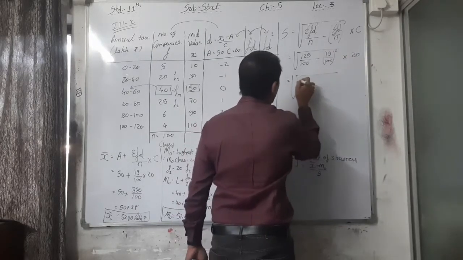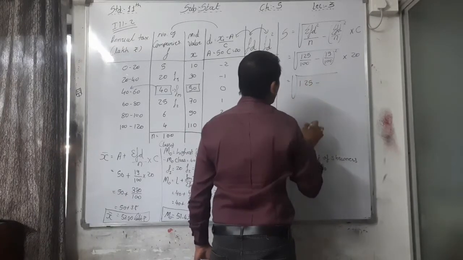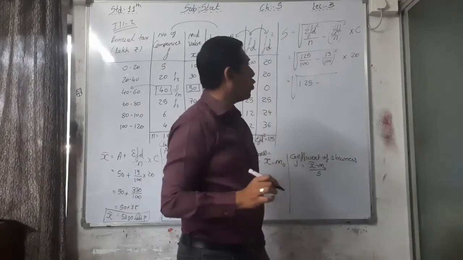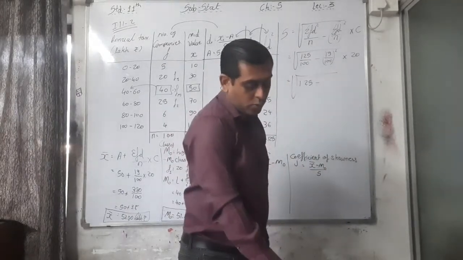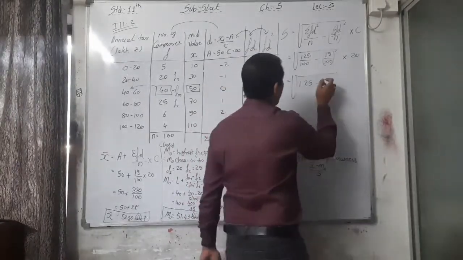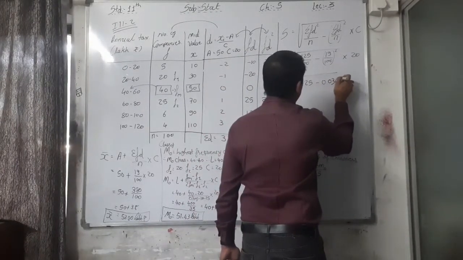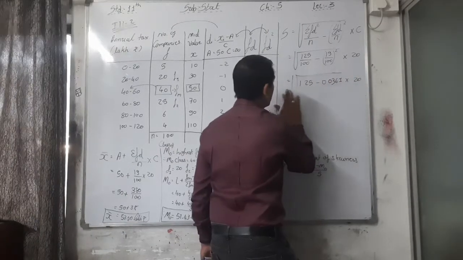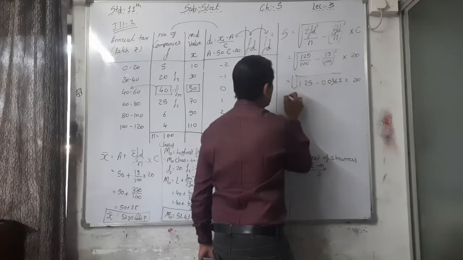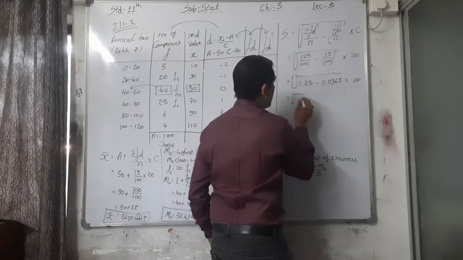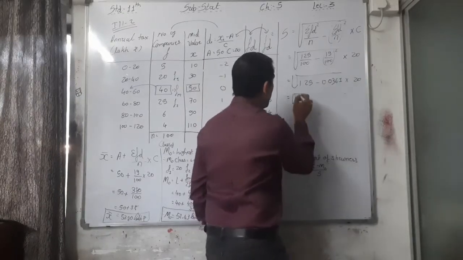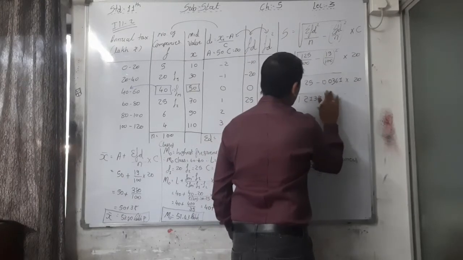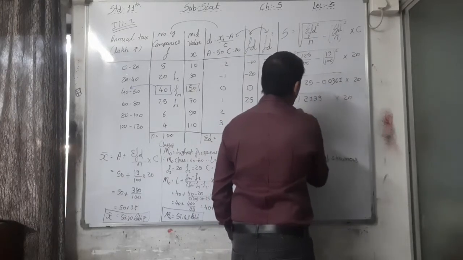So here 1.25 minus 0.19 square, that is 0.0361. So here 1.2139, into 20, square root.